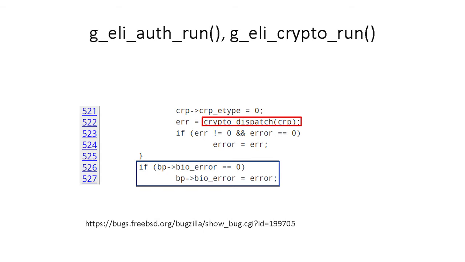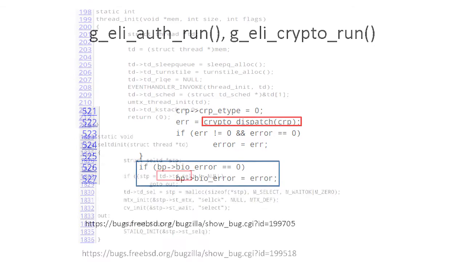When you call the crypto dispatch of the crp, if all the work is also served in the GEOM down path, you will free the bp. So there is a race condition here. If it is already freed, and then you use the if bio error and assign the bp bio error, there is a use-after-free bug here. This was also reported and fixed.